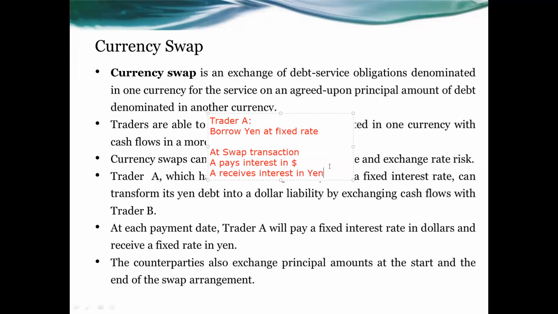Then for the swap transaction, trader A pays interest in dollars, but he receives interest in yen. So from the difference between this dollar payment and the yen received, we can calculate the swap transaction profit or loss. Okay, so that is happening.